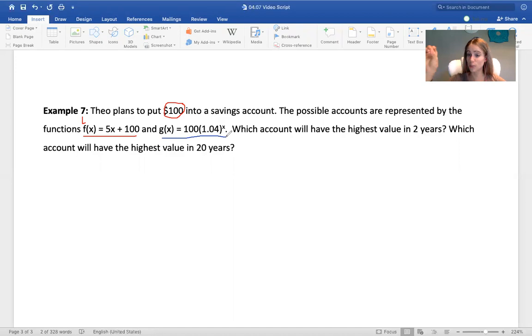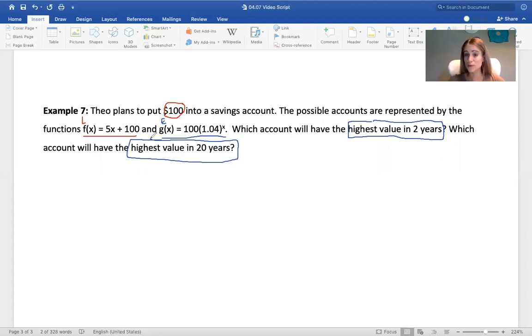Exponential. My variable is an exponent. E for exponential. So which account will have the highest value in 2 years? And then which account will have the highest value in 20 years? So we got 2 questions. We gotta do double comparison.